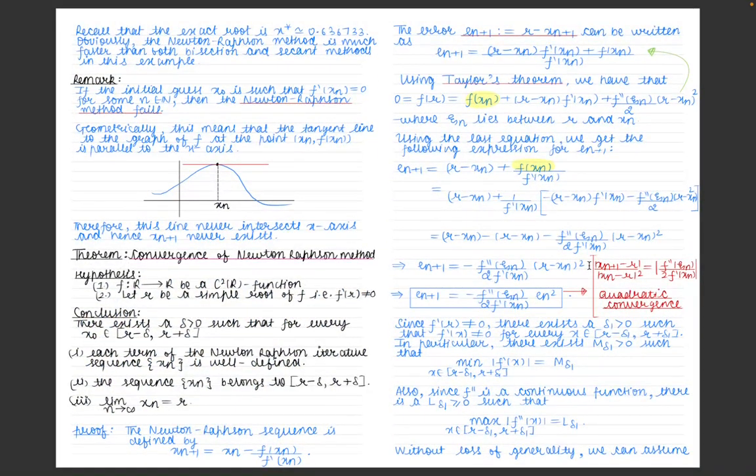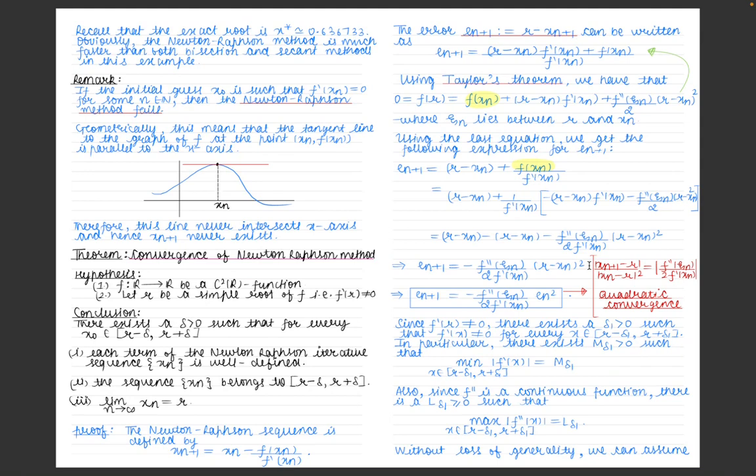That mod of xn plus 1 minus r by xn minus r squared is actually mod of f double prime xi n by 2 f prime xn.